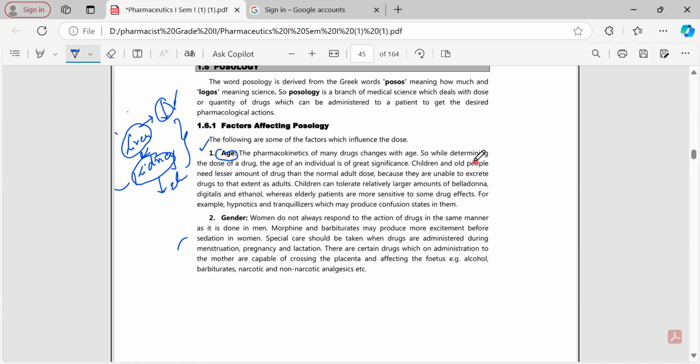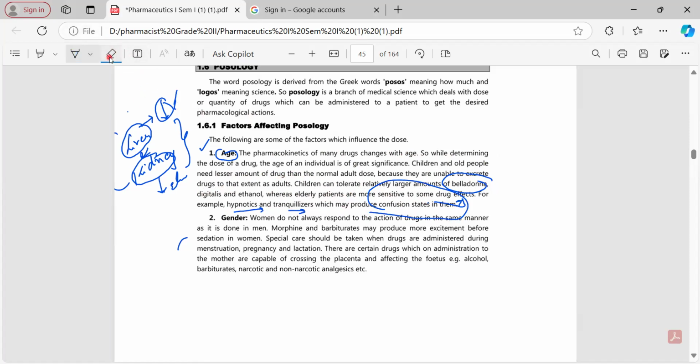In old age patients, the wear and tear of these organs will be affected, maybe because of diseases, disease history, or their age. Children can tolerate larger amounts of belladonna, for example, and digitalis and ethanol, whereas elderly patients are more sensitive to certain drugs. For example, hypnotics and tranquilizers may produce a confused state. Such examples should be kept in mind.